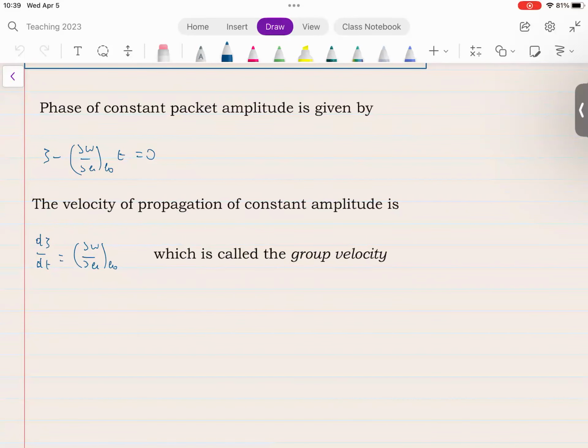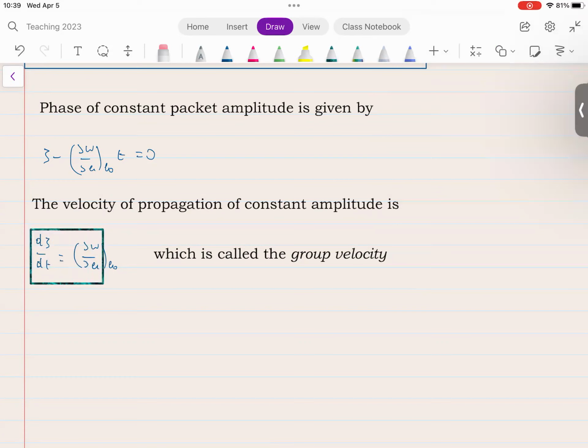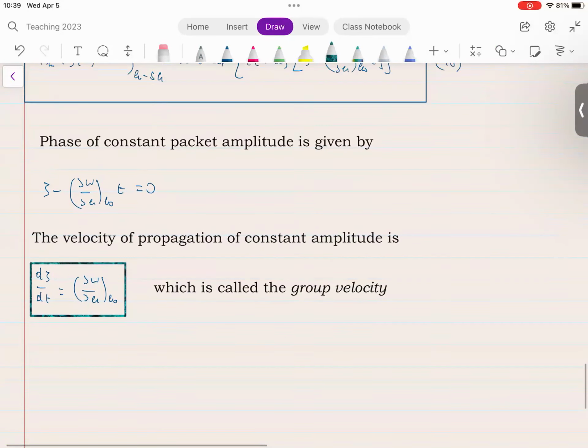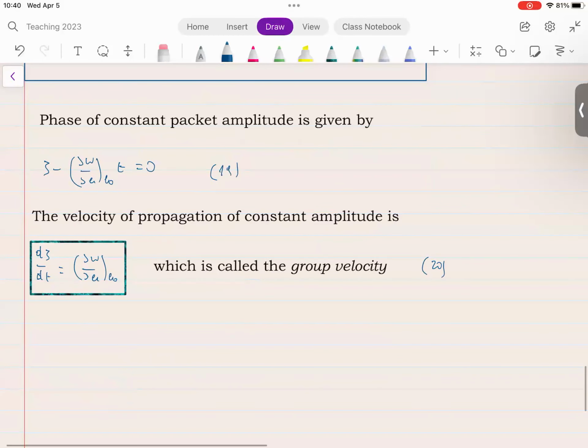Let's call this equation 20. I can write this in terms of the phase velocity.